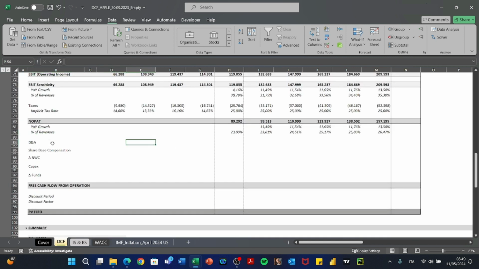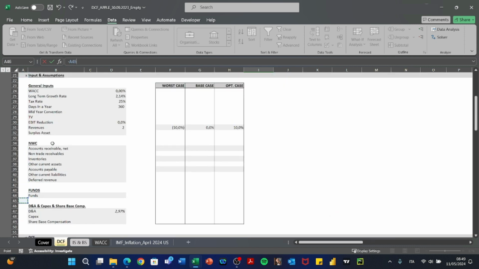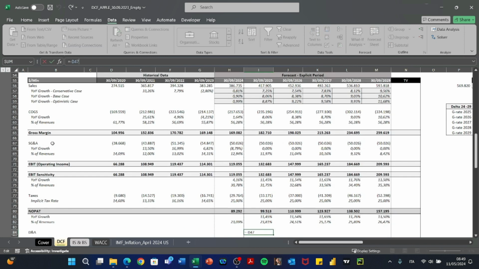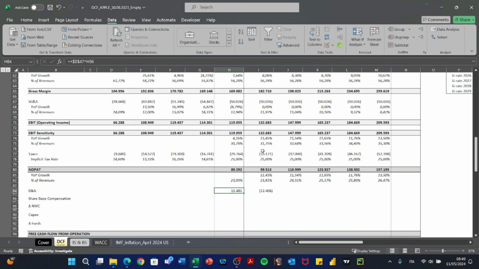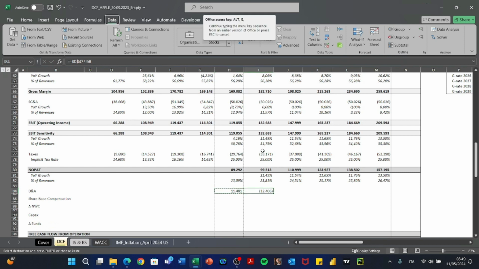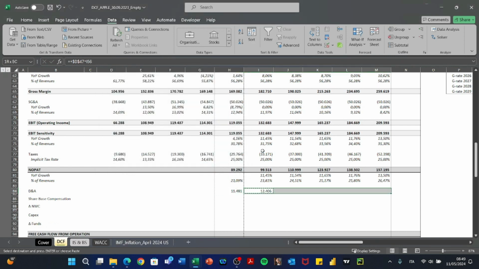Okay, so let's now minus the incidence times the revenues. So let's lock this cell. But this should be positive because we are adding them back because they are a non-cash expense. Okay, perfect.